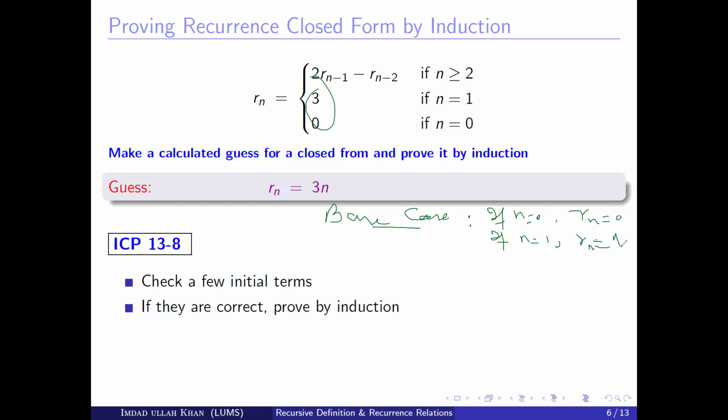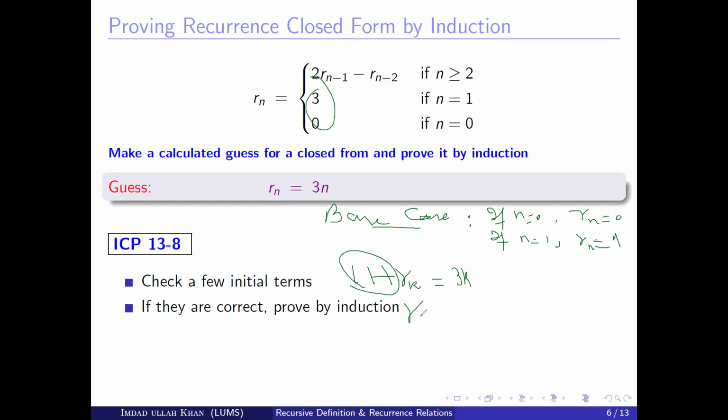So the hint over here is that we assume that Rk is 3k, and this is our inductive hypothesis.